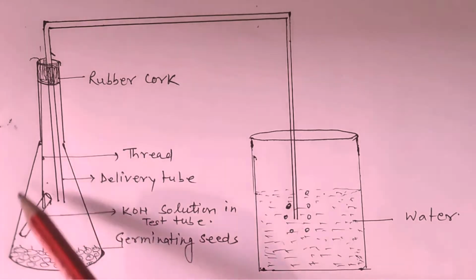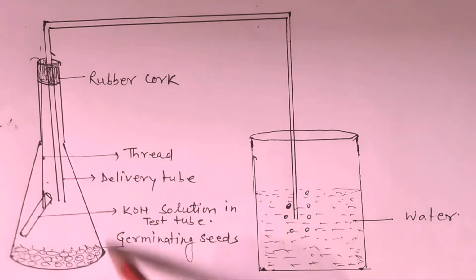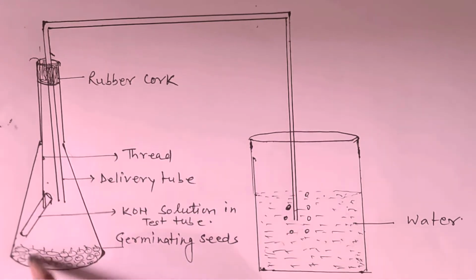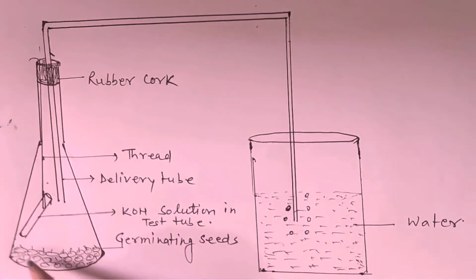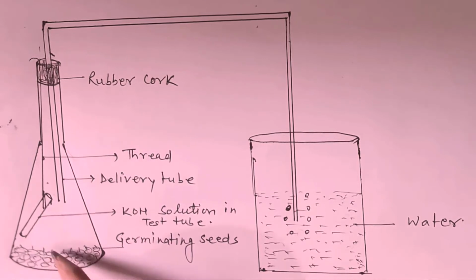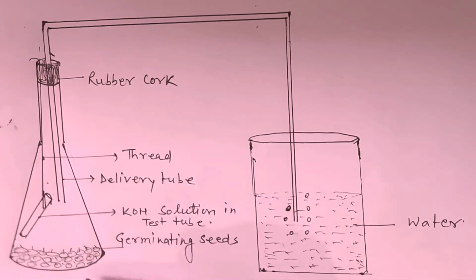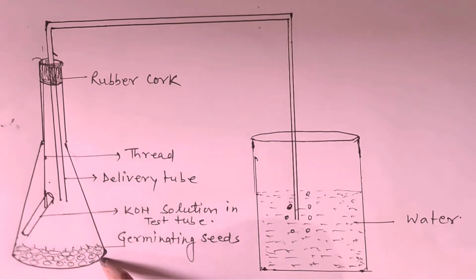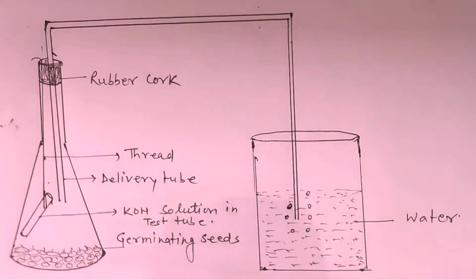In the diagram, I have taken a conical flask and I have put moist germinated seeds. You can take the seed of pea or gram. So I have taken the germinated moist seed. Now put this moist seed in the conical flask.